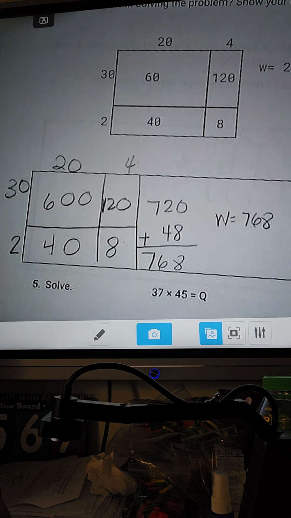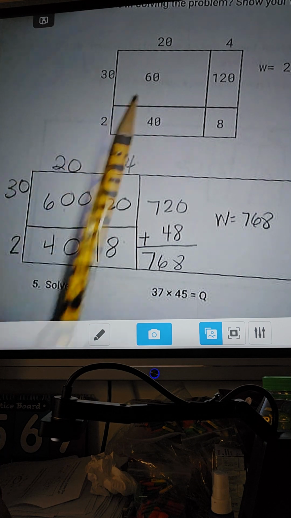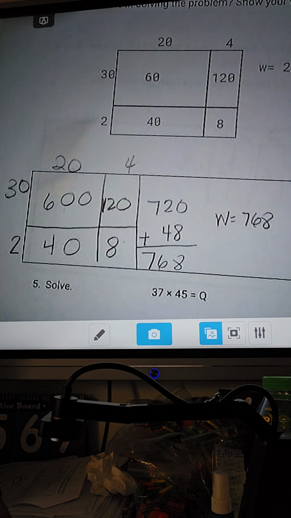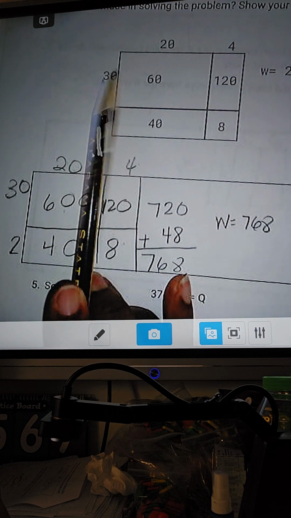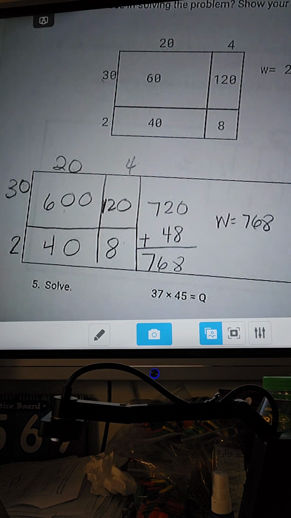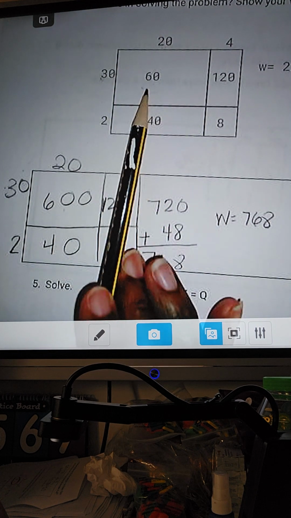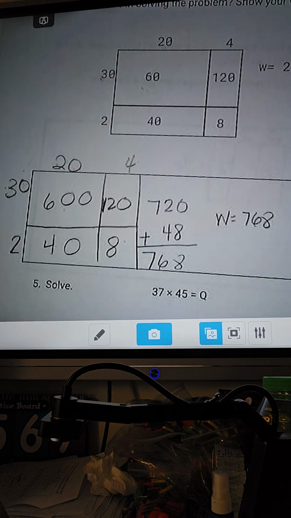So they should have gotten what? 600. And they only did 60. So this should have been a key to the question because 30 times 20 can't be 60. That doesn't make sense. 30 times 2 is 60, but 30 times 20 can't be 60. So in other words, check your work. So that is what is wrong. This is how you show your work for that problem.